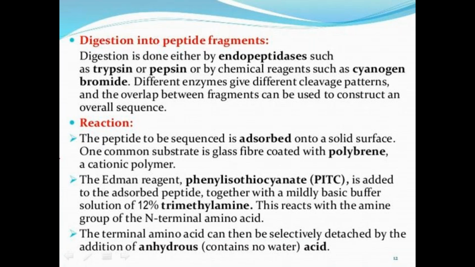That means first we have to digest the peptide bond fragments into different amino acids. Peptide bonds are first broken, and that is mainly mediated by trypsin or pepsin. This is the enzymatic method. Edman's method is the enzymatic method. And also here chemical reagents are used. First digestion is done by using the endopeptidases, that may be trypsin or pepsin. They digest the peptides at specific sites.